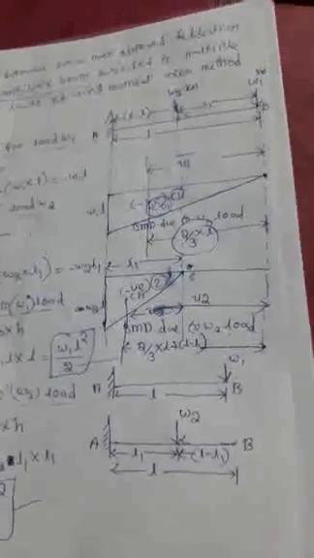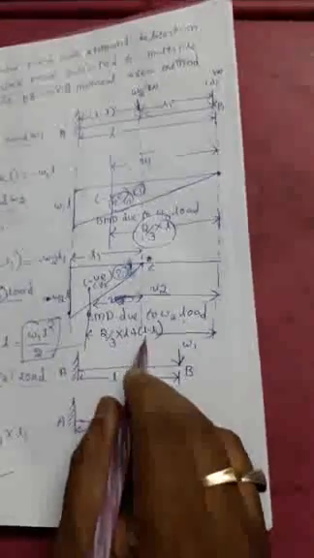So x2 is, for the first body, 2/3 into L, and the remaining span length is plus L minus L1. So 2/3 into L plus L minus L1, where L minus L1 is nothing but L1 only. The center of gravity of the second body is x2, and the center of gravity of the first body is x1. So x1 is 2/3 into L, and x2 is 2/3 into L plus L minus L1.